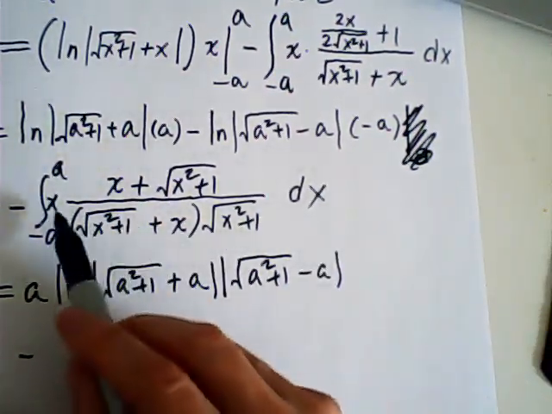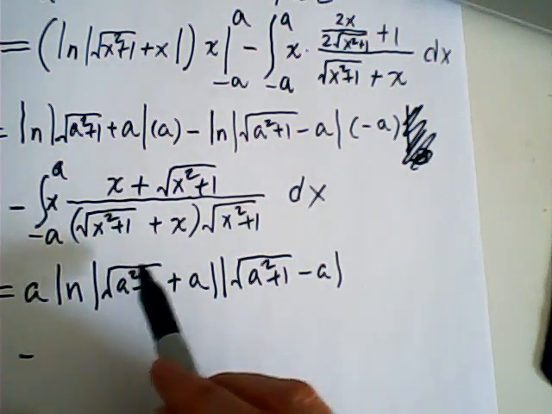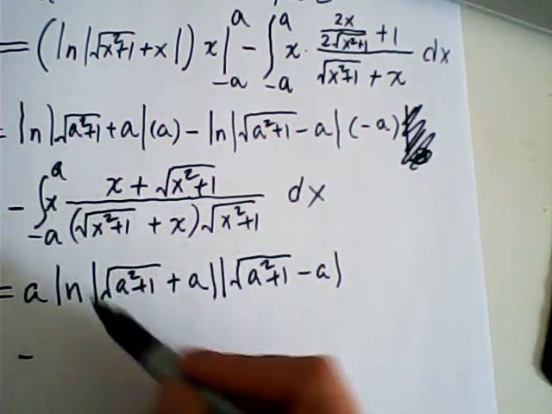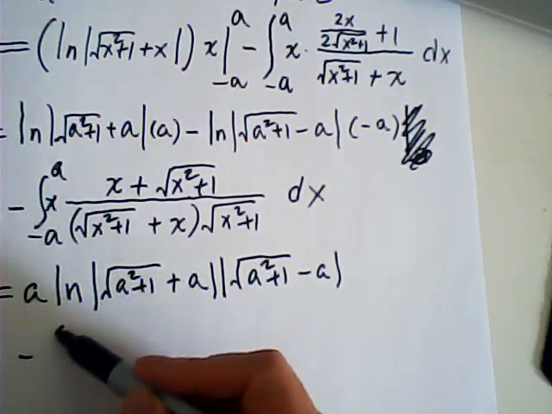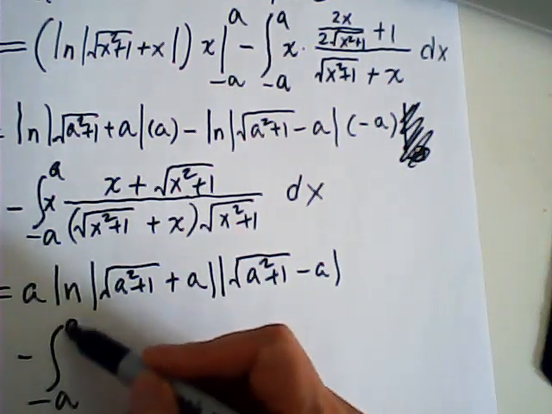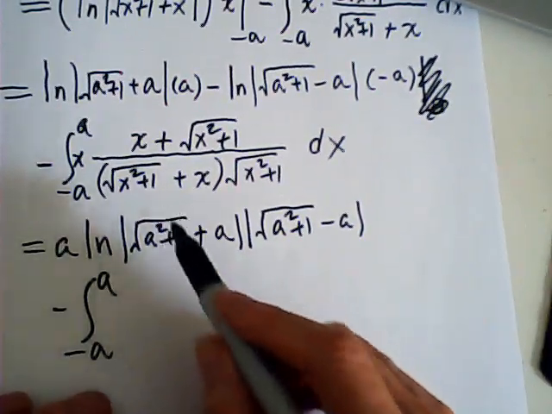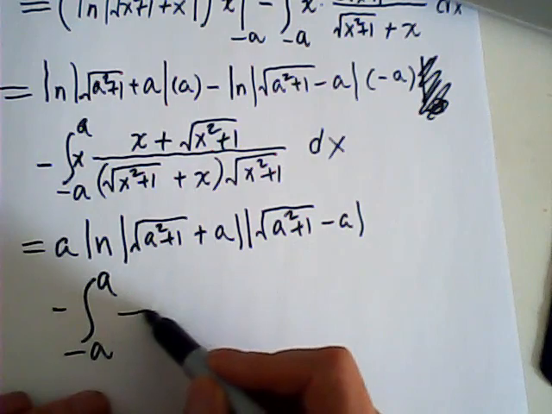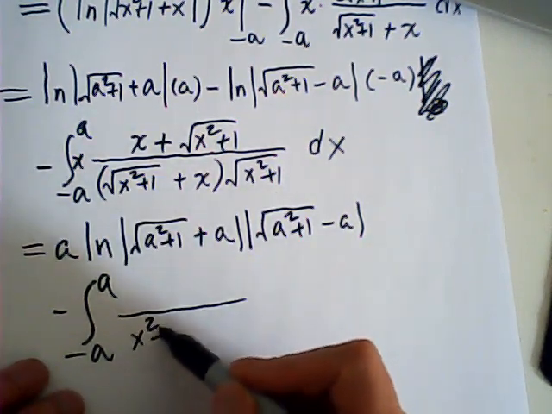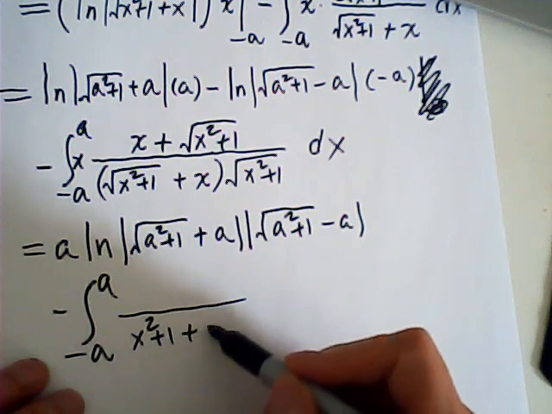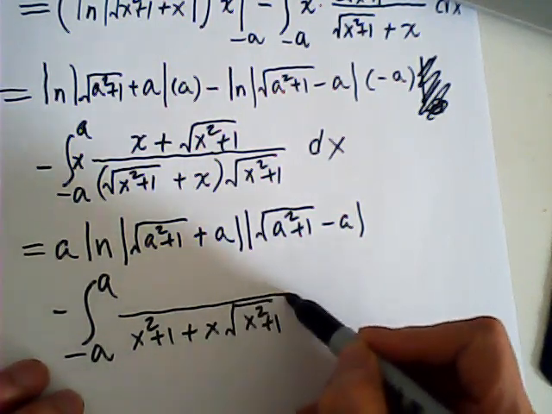Okay, now, second part. I simplify it, minus, from minus a to positive a. And this one is equal to x squared plus 1 minus x square root x squared plus 1.